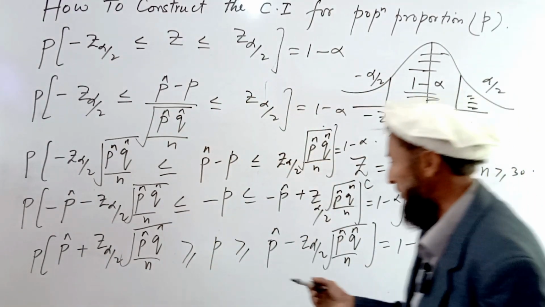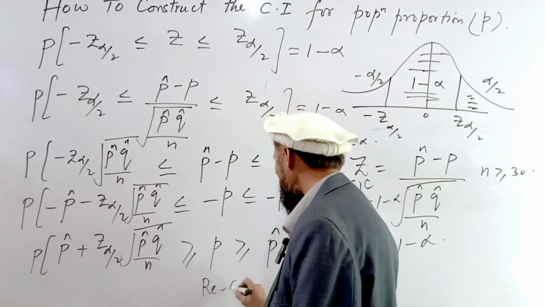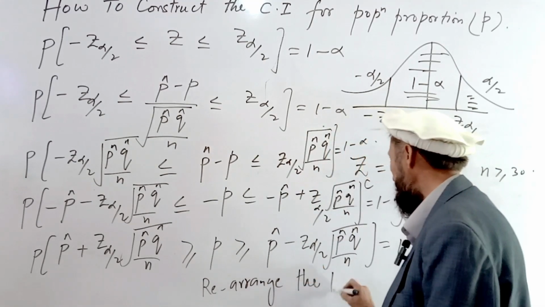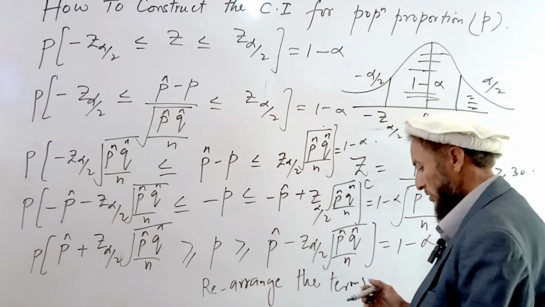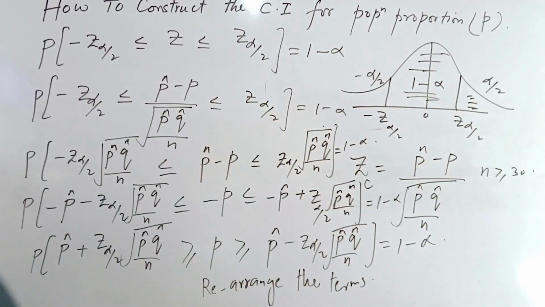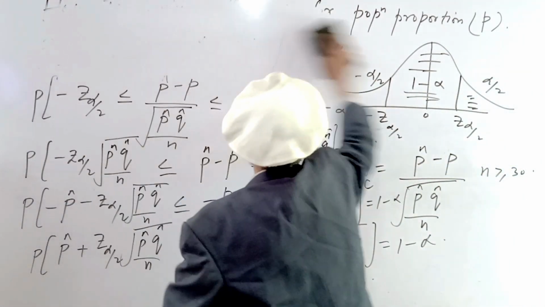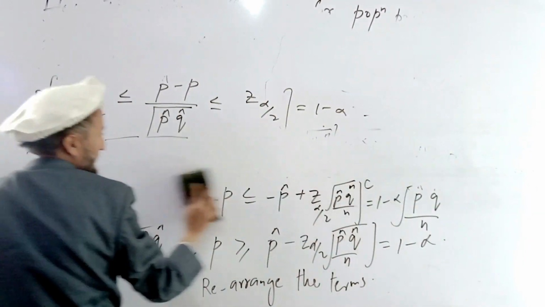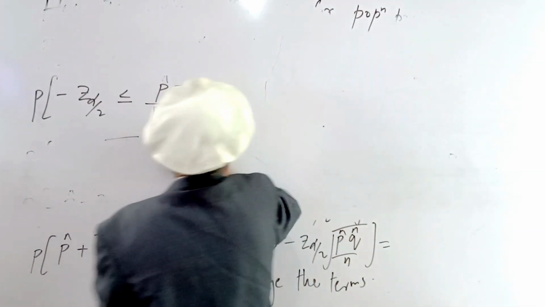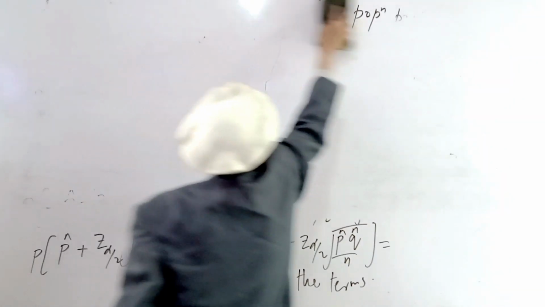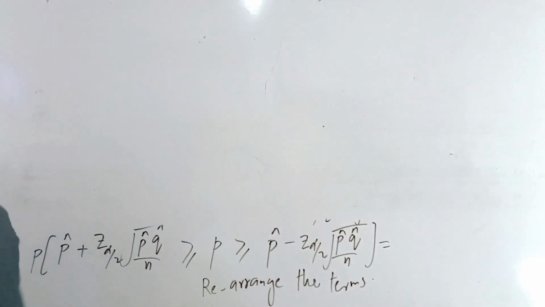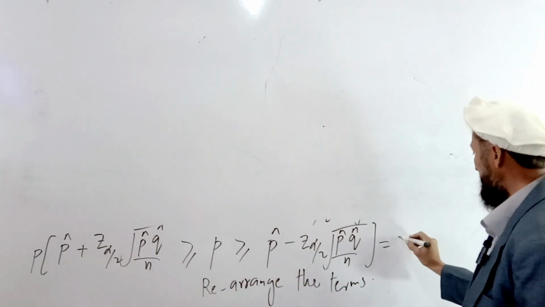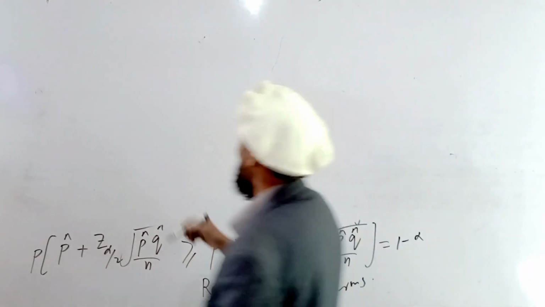So we rearrange the terms. Now we are arranging the terms. So this result is changed here to the lower limit.